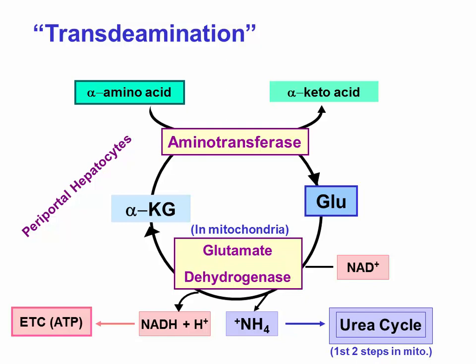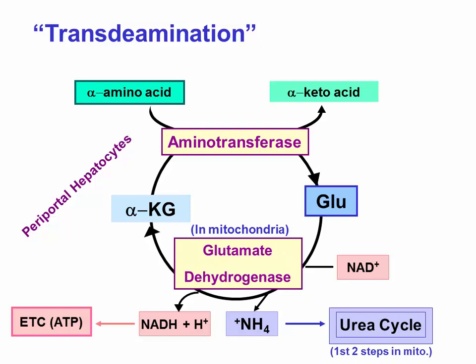The next step, this enzyme, glutamate dehydrogenase, is responsible for producing a reducing equivalent, 3 ATP. That provides most of the energy required for urea synthesis. So it's highly coordinated, that this transdeamination is helping us generate the reducing equivalents that could be used to make urea. Because urea synthesis is very energy efficient.